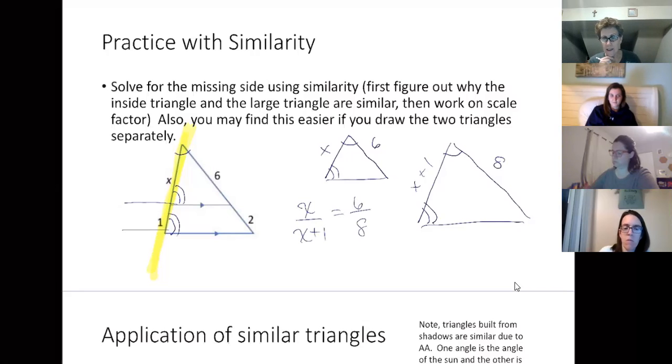The kids tend to like to look back at the original triangle, and they'll end up messing up the proportions. So that's why if you have them redraw it, it's always helpful. But then use the original triangle to show them why you can set 2 angles equal. Remember, you only need 2 angles equal, and then you're good to go.